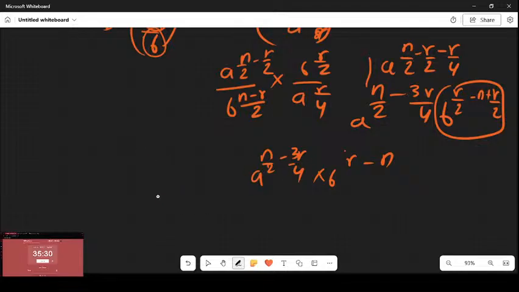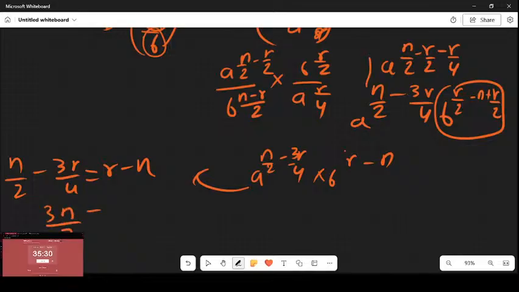So we can find the value of r from here easily. We need to equate them. n by 2 minus 3r by 4 is equal to r. Now if I bring it here, it will become 3n by 2 is equal to 7r by 4.